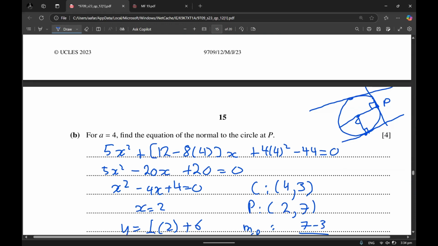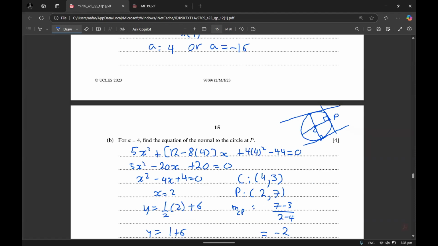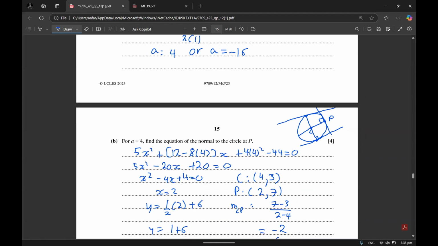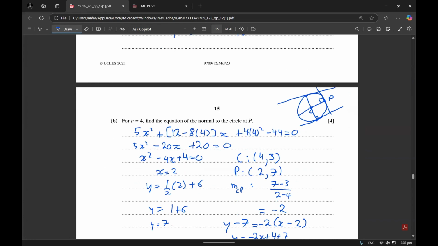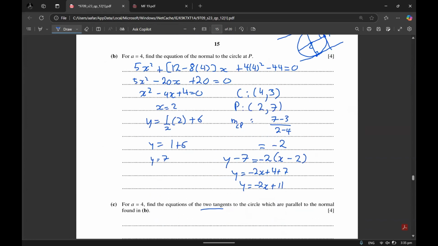So we know that the line which will intersect them both will have a gradient of negative 1 over the gradient of those lines, and they will pass through the center as well. So we first figure out the equation of that line, and then we put that into the circle.